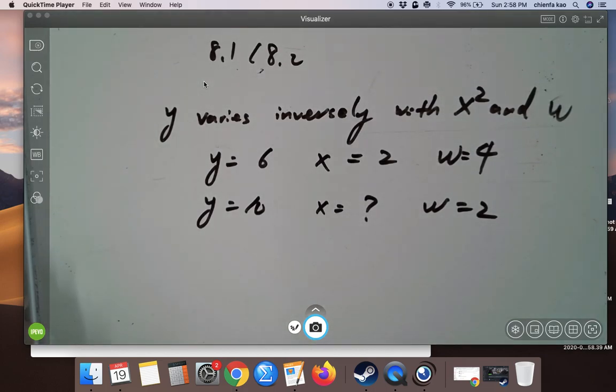Are you guys able to do that? Hopefully. All right, pause the video and do this problem. When you have done so, unpause the video.